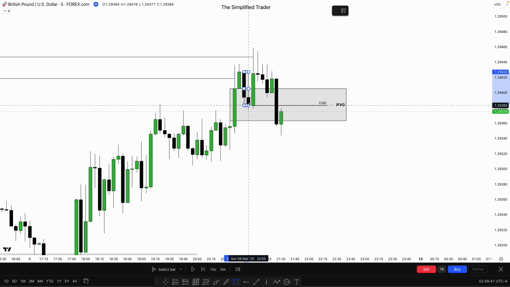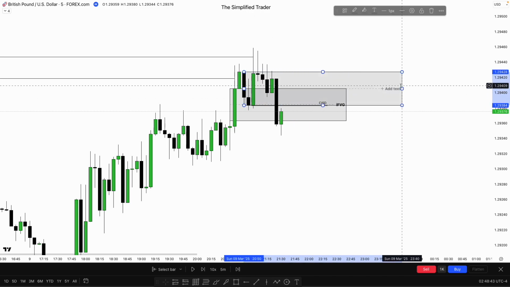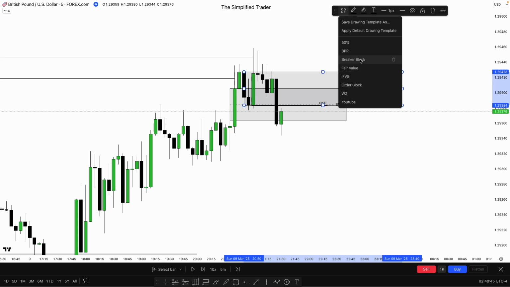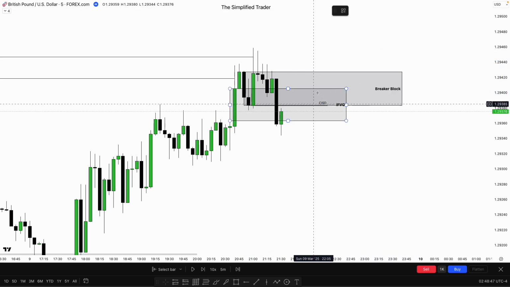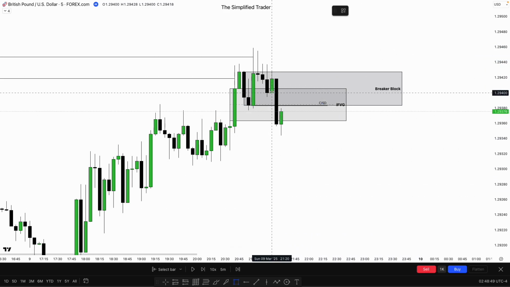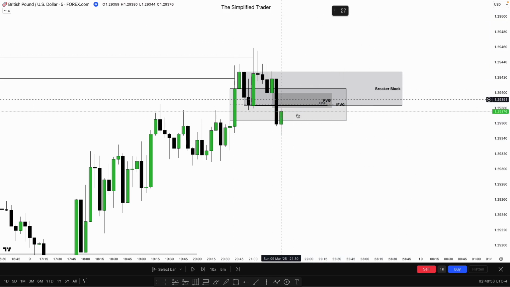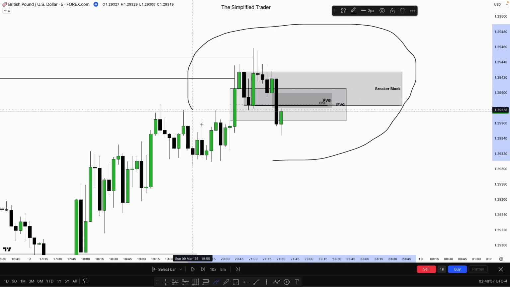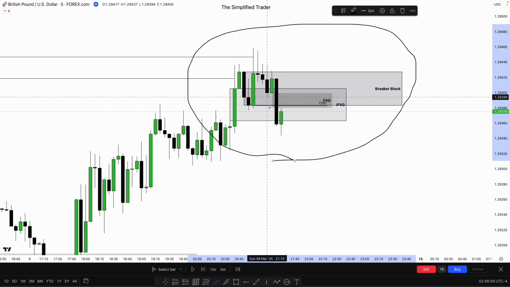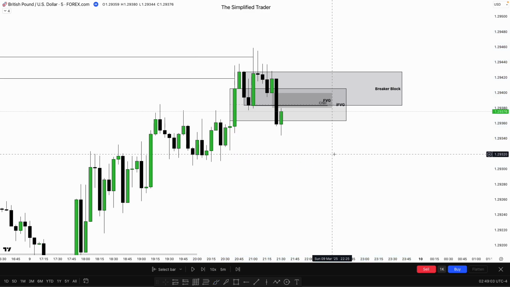And we do have these two down close candles that makes our breaker block. In that breaker block, we also do have this bearish fair value gap. So you see how in this small piece of price action, we can really pair bearish points of interest on top of each other to really form a high probability trade.